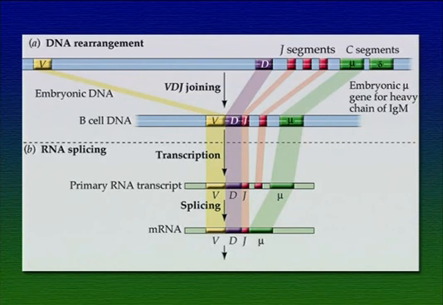You can imagine with 100 versions of one segment, 30 versions of another, and 6 versions of the third, you can produce actually millions of different kinds of combinations. And if you add to that the fact that the light chain, which is going to also contribute to the variable region of the antigen receptor, also has a recombination of its DNA in this way, and we can combine the light chains and heavy chains in different combinations, the number of possibilities becomes truly astronomical.